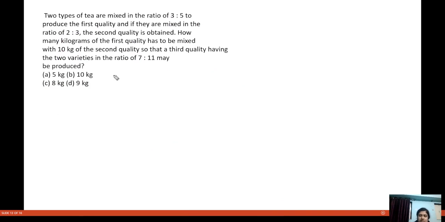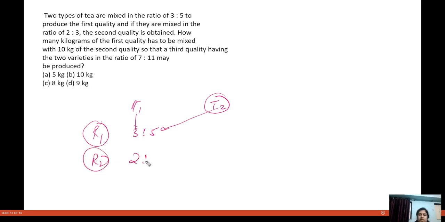Understand this question once more. It is saying we have one quality of tea, let's say T1, and another quality of tea, let's say T2. Now we mix these teas and make a ratio 3 is to 5, T1 3, T2 5, and then we mix again and get 2 is to 3, so T1 2 and T2 3.